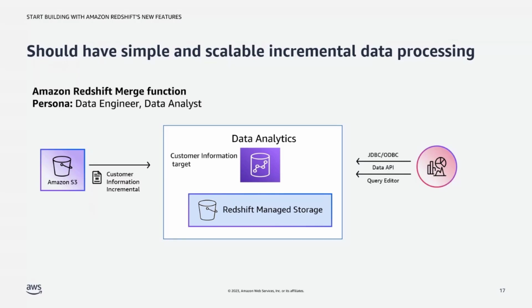So for this particular demo, we will use customer information incremental data, which is sitting on Amazon Simple Storage Service, Amazon S3. The target table, which is customer information target, is loaded into Amazon Redshift local table. So let's see the simplification of merge function for your incremental data processing.